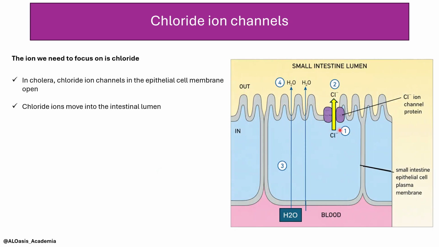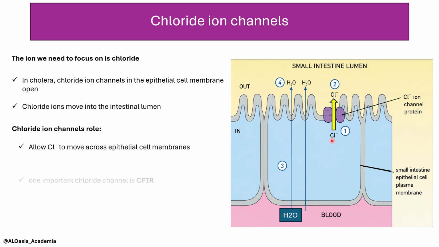If you have a look at this schematic here, that's an epithelial cell, okay? And that's the lumen, and that's the blood and tissue fluid area. The role of the chloride ion channel is to allow chloride ions to move from inside the cell into the small intestinal lumen, and this movement occurs through the chloride ion channel, which is this structure here.